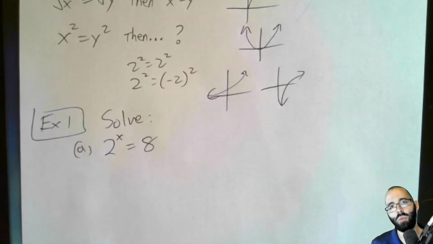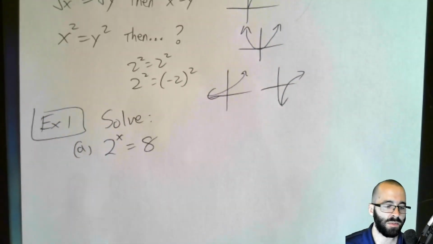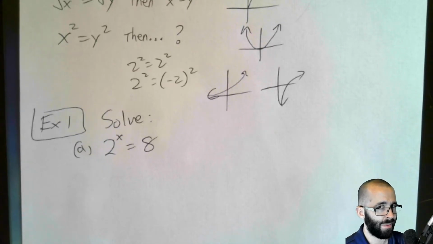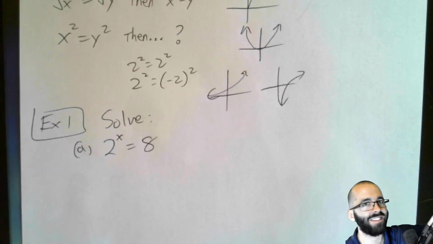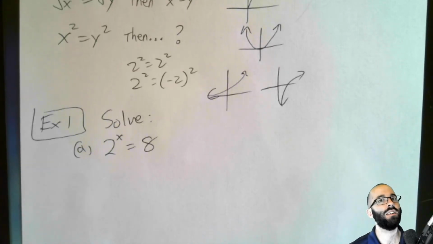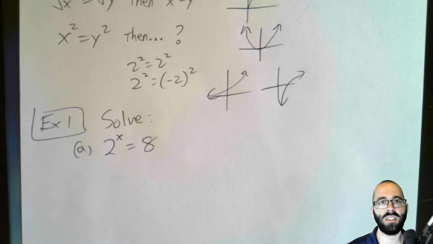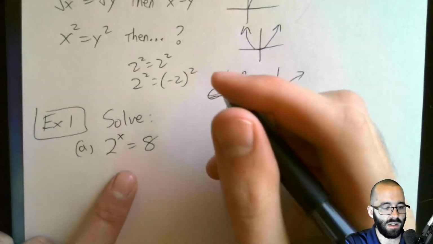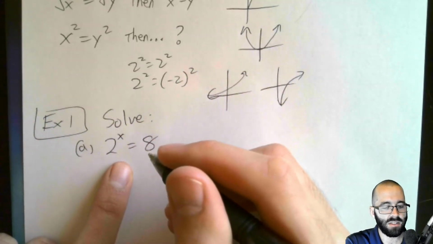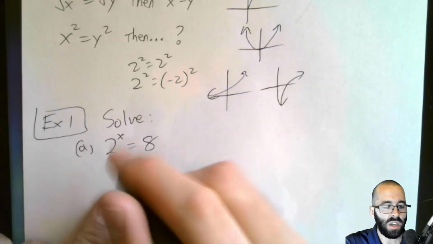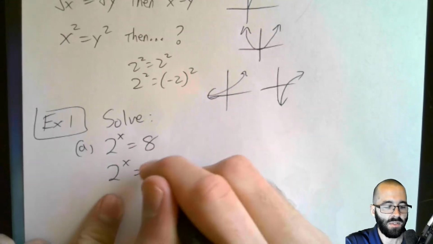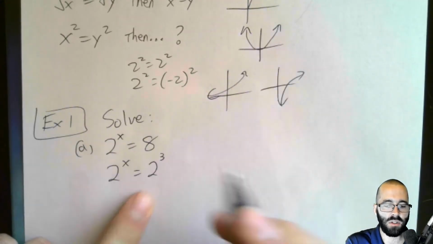So we've already done this problem. You already know how to solve this problem. You may or may not remember how, but you have in the past. The answer is 3, because 2 cubed is going to equal 8. All right, but there's another way of looking at this, right? We can write 8 as 2 cubed.